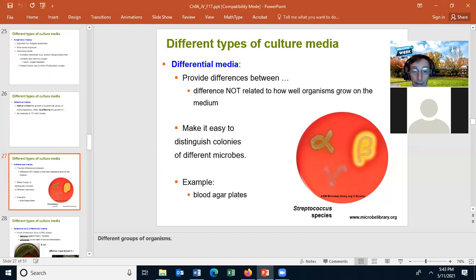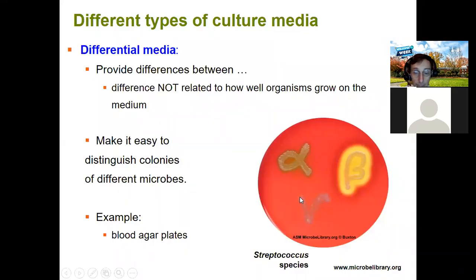On blood agar plates, you can see differences in the hemolytic activity of the bacteria. You can see the growth in white here, and this is gamma hemolysis or no hemolysis, where the red blood cells of the agar come right up to touching the bacteria.